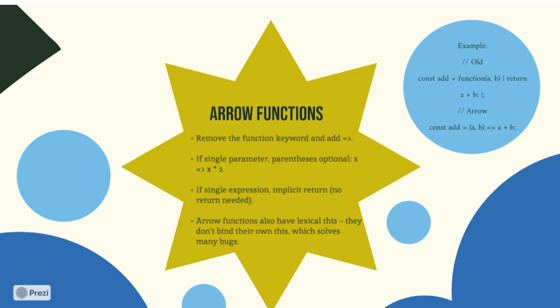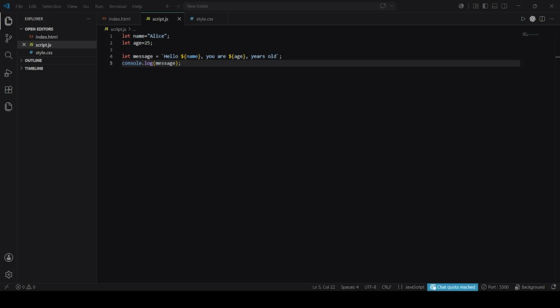They help write shorter and clearer code. Instead of using the function keyword, we can use the arrow symbol. This is the arrow symbol. This feature is widely used in modern JavaScript and React applications. Okay, let's see it in code.